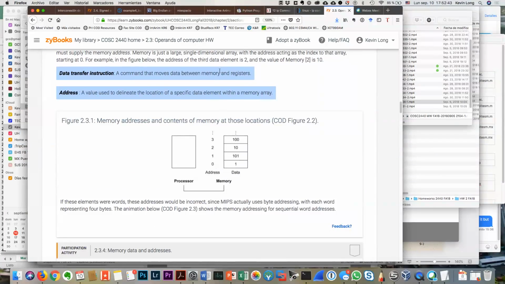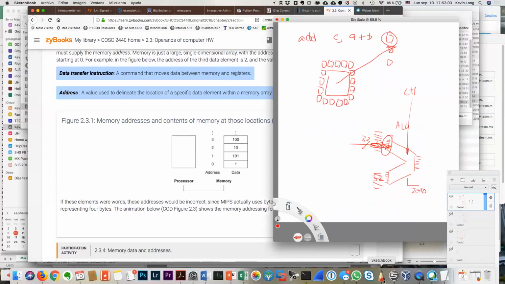If this was a 64-bit architecture, this would be address 0, 8, 16, 32, and so on, counting in 8. If it's a 16-bit architecture, it would be 0, 2, 4, 6, 8, 10, 12, 14, and so on. But we're in a 32-bit architecture. So 32-bit architecture means I have 32 bits in each word. That just happens to be 4 bytes.